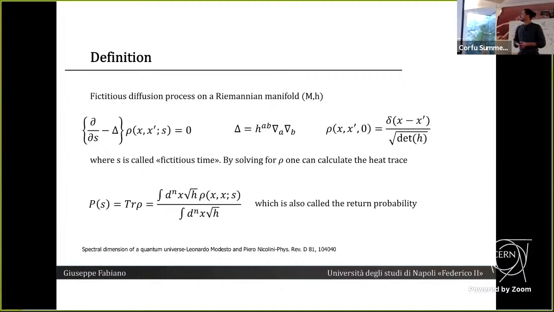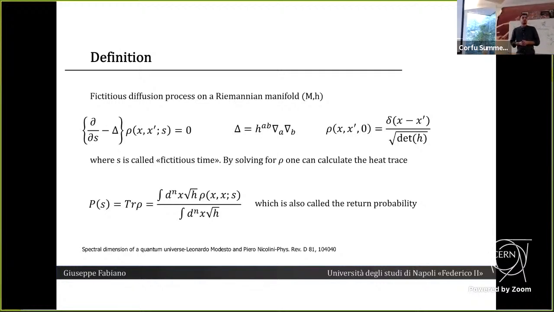The Laplacian is the usual one considered on Riemannian manifolds equipped with a non-flat metric. Plus we require that the diffusion function satisfies the initial condition, namely that when s is equal to 0, our diffusion function is proportional to the delta function of x minus x prime.